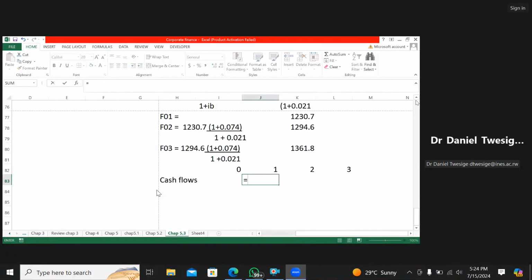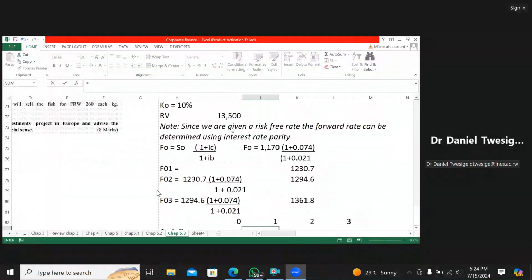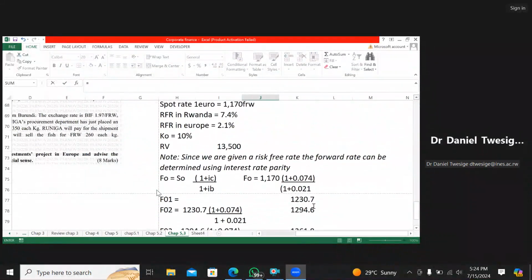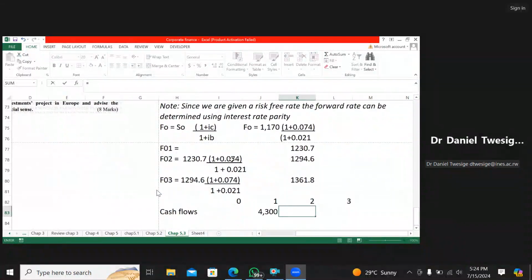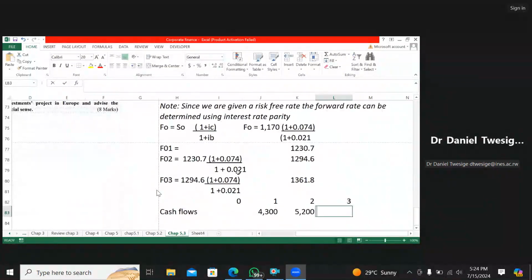Year 1 is this, year 2 is this, year 3 is this one.